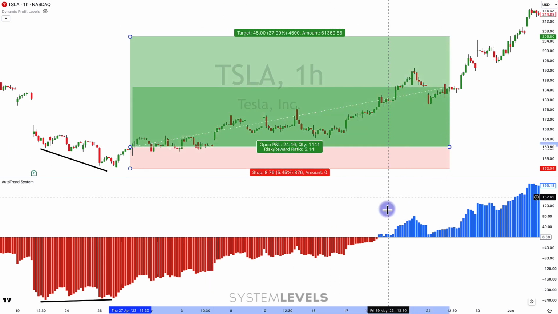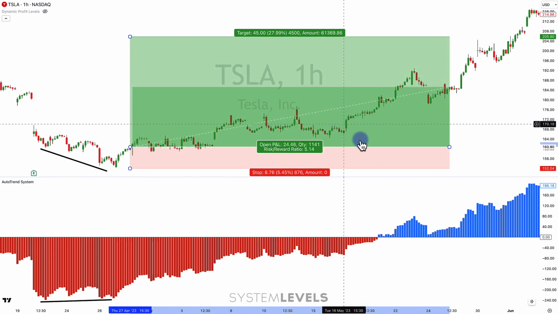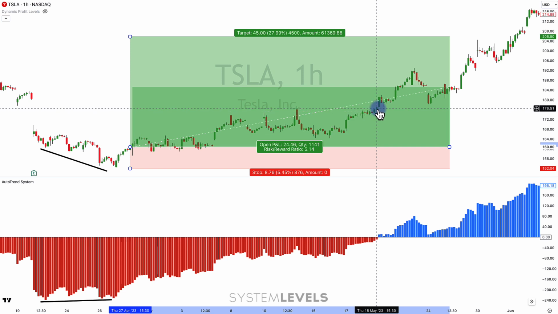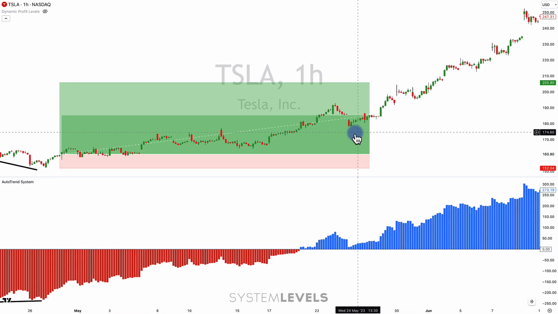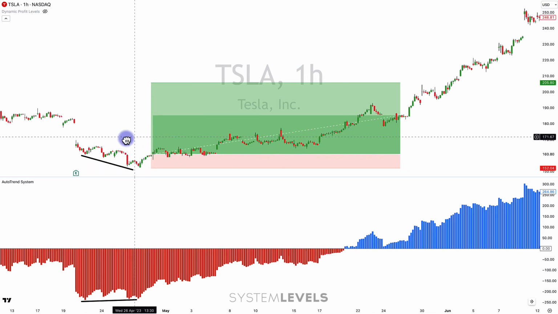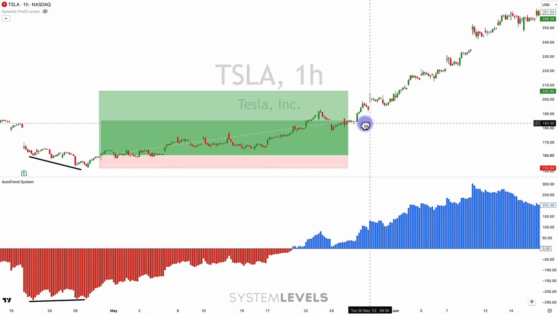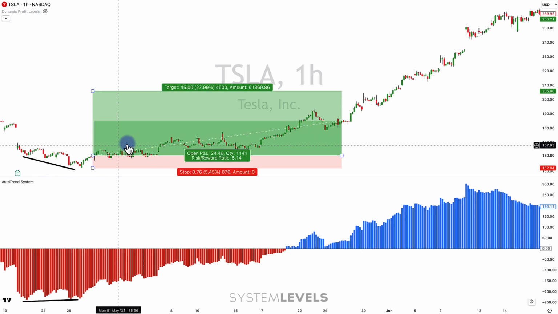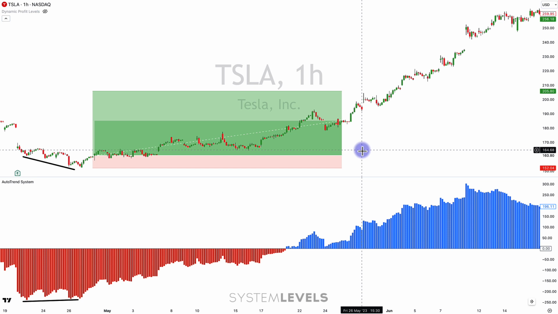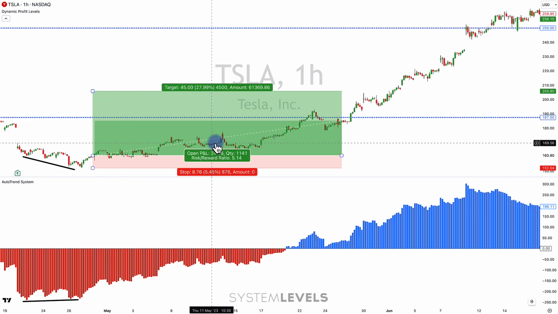So you're getting a much better location than the official ATS signal that would have gotten you in on that trade right here. Still a profitable trade, but with the divergence, you're getting much more profit out of this trade than you normally would. And you're basically targeting the dynamic profit levels.